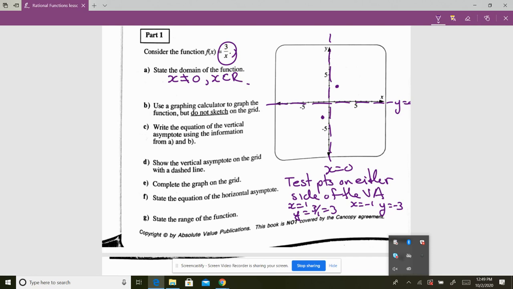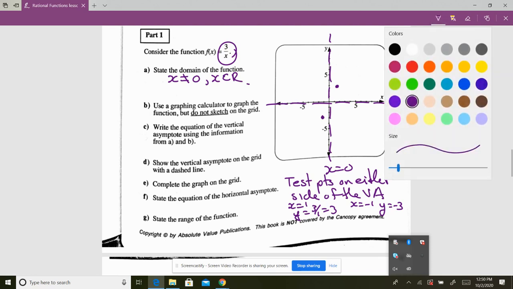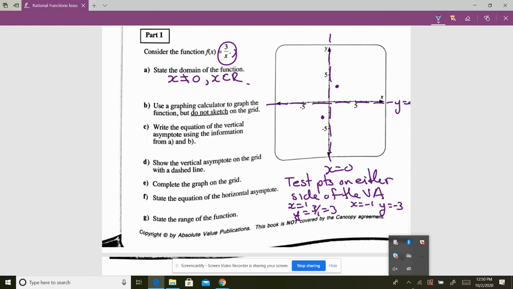You can't touch the vertical asymptote. For now, you can't touch the horizontal asymptote. So the only way this graph can exist, if I can't touch this line or this line, the graph has to look like that. Because it has to go through that point. All right?